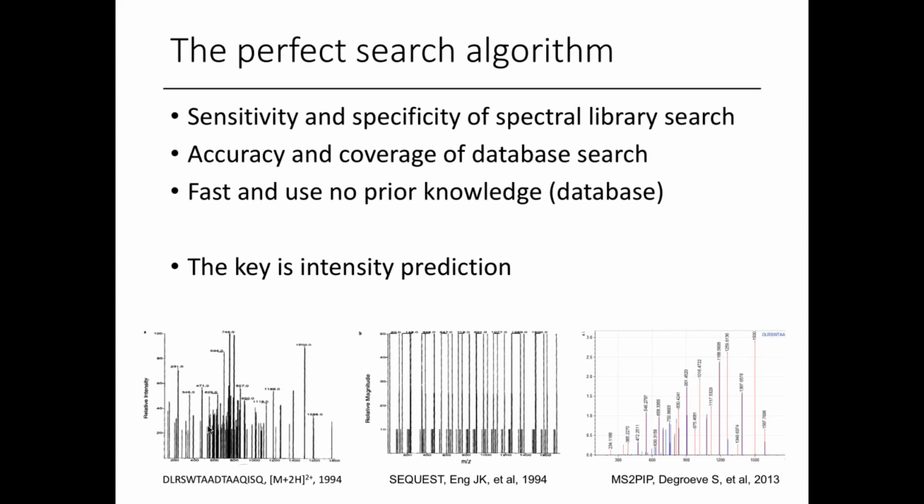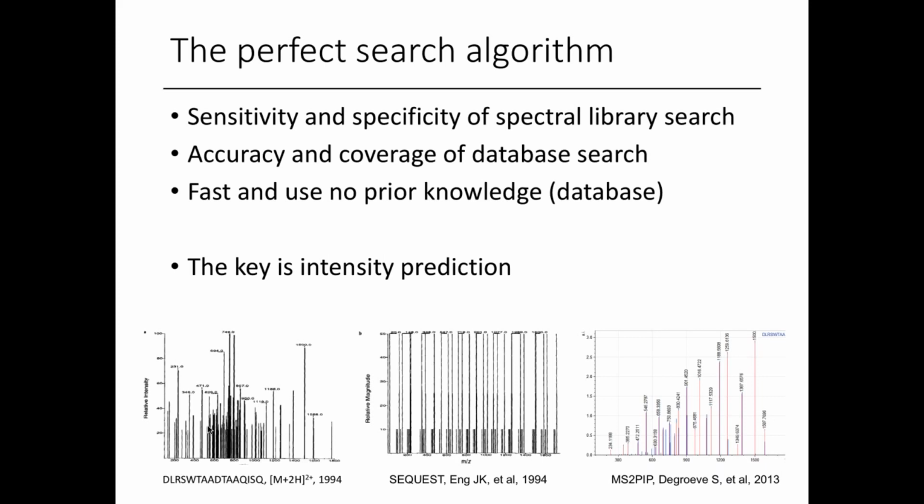By the way, a huge spectral library is very expensive because you need to synthesize all these peptides and sample them by different types of mass spec. And it should also be fast and use no prior knowledge. It's best if you use no database, so you are not database dependent.